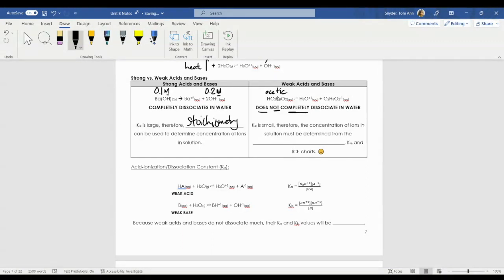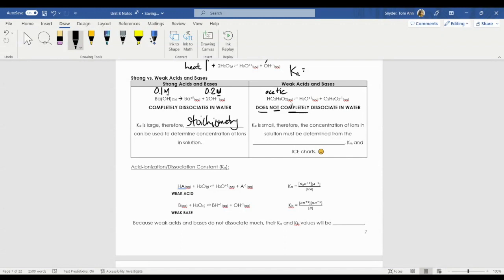And that's because if I write this out right here, and we're going to call this our Ka actually, because this is the equilibrium constant for an acid, which you'll see down here, that's our acid ionization or dissociation constant.